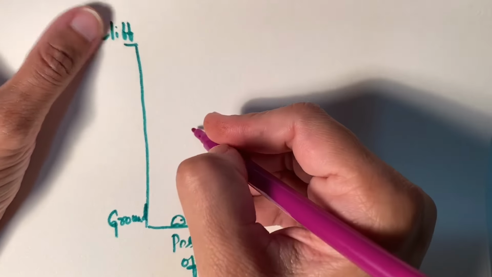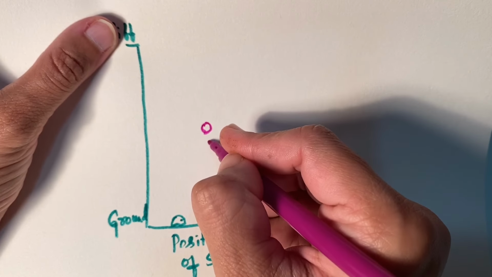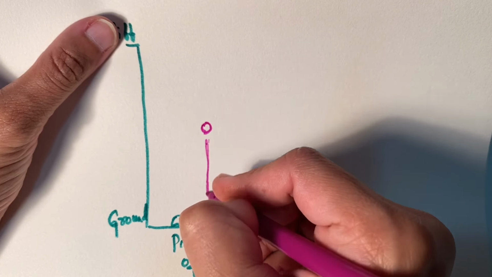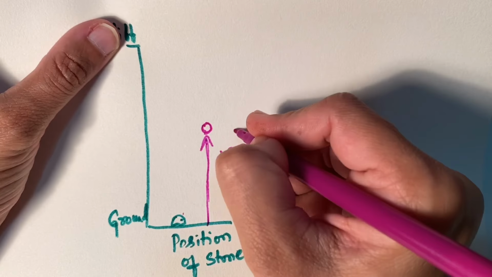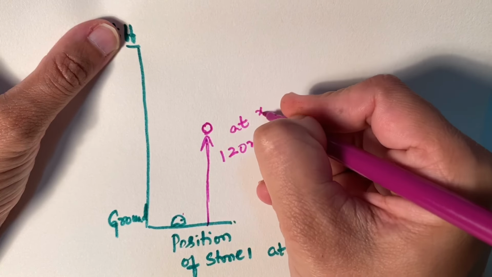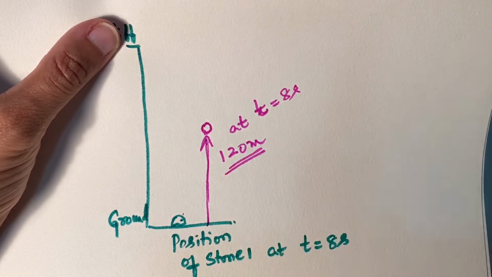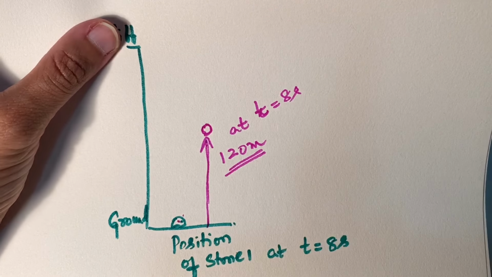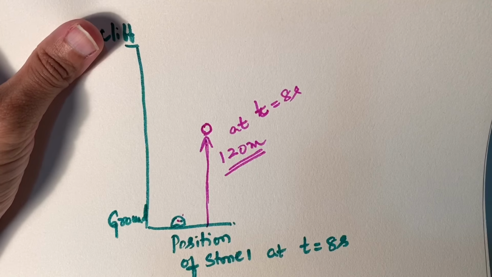Whereas stone 2 was still, so this difference in path was about 120 meters at t is equal to 8 seconds. So at t is equal to 8 seconds, it was still 120 meters away from stone 1, is what the graph is claiming, and the claim verifies with the mathematical expression that we have got.